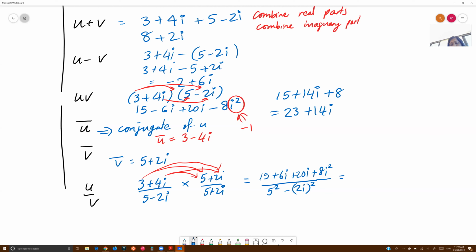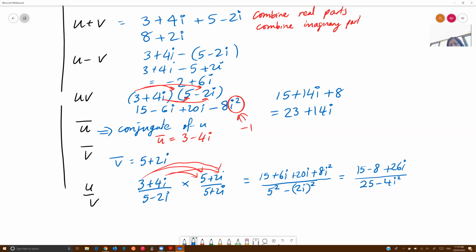Then we will simplify this. i squared is negative 1, remember? So it's going to be 15 take away 8, and then 6i plus 20i will be 26i. Down below, that's going to be 25 take away 4i squared.